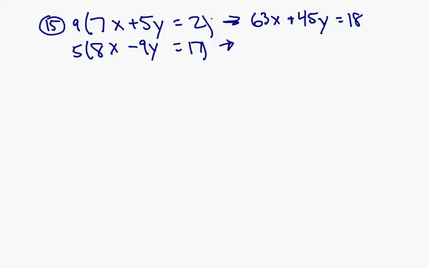The second equation, 5 times 8 is 40, so that's 40x. 5 times negative 9 is minus 45y. And 5 times 17 is 85.